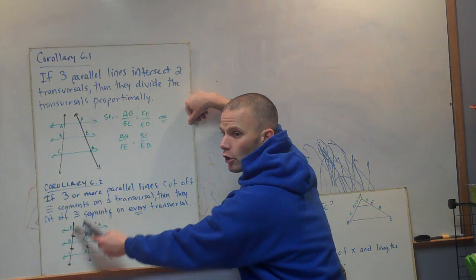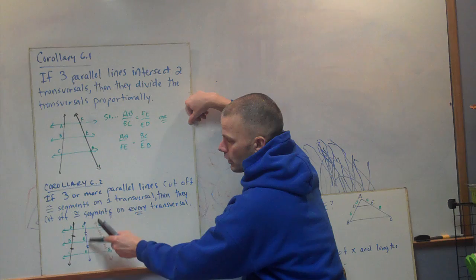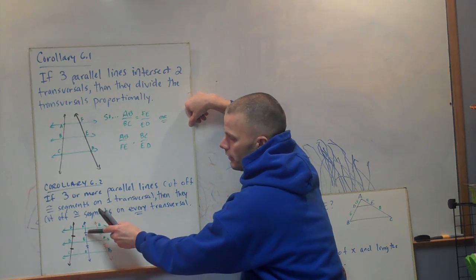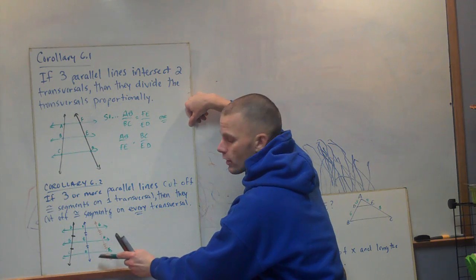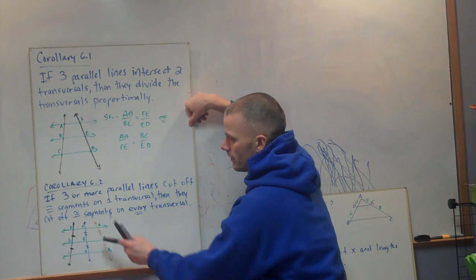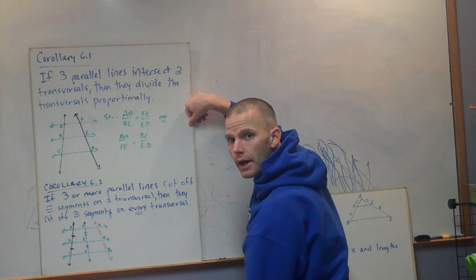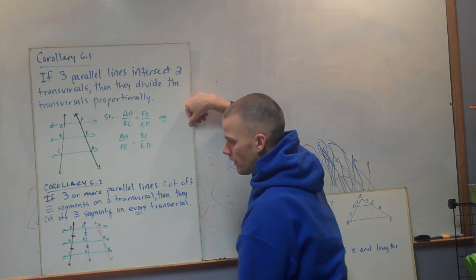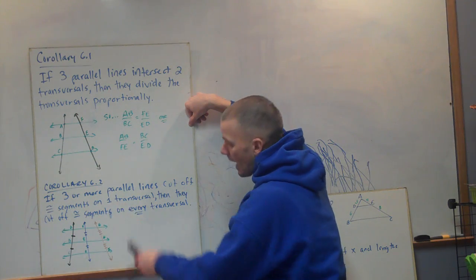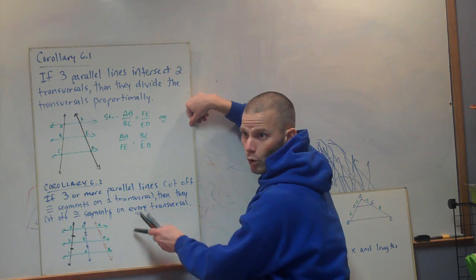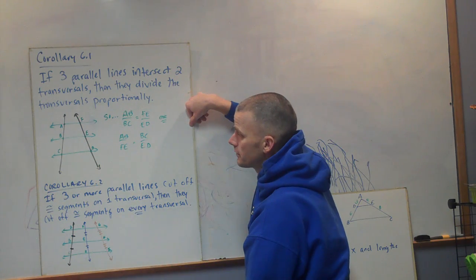Not congruent to the original pair of segments, but congruent to each other. Here, this segment FE would be congruent to segment ED. Here, segment GH would be congruent to segment HI. If I extend these out and add more transversals, I'm going to have more pairs of congruent segments.